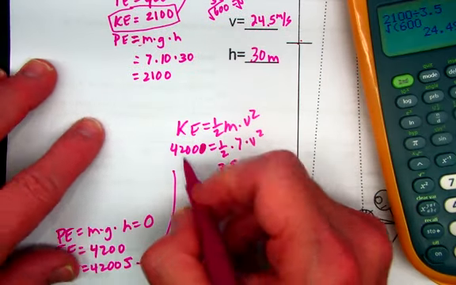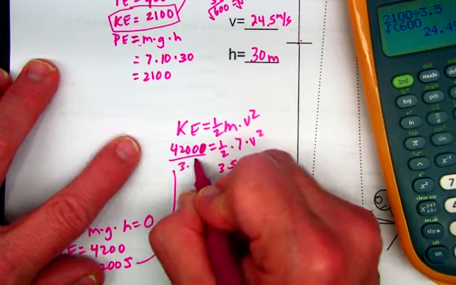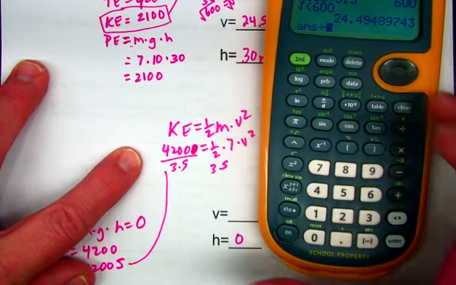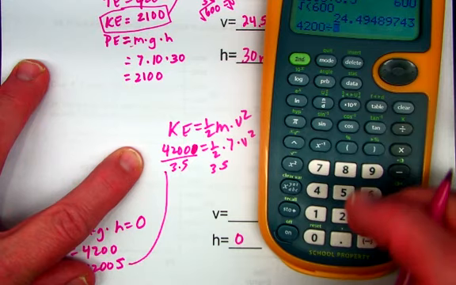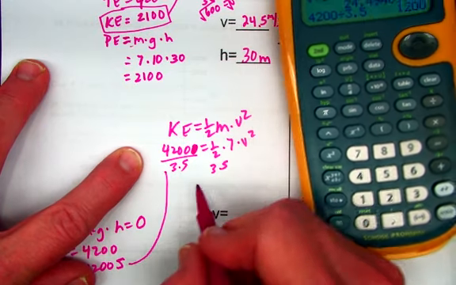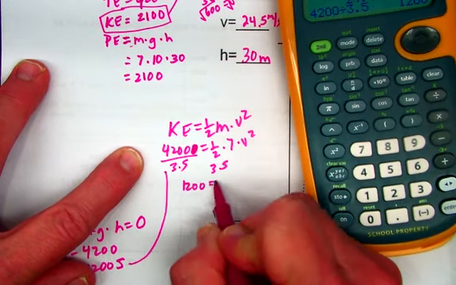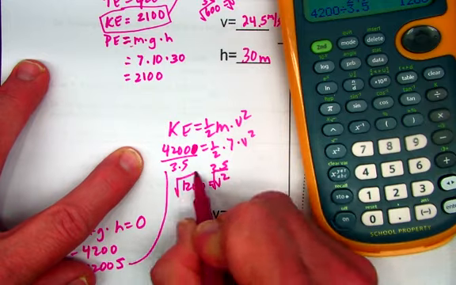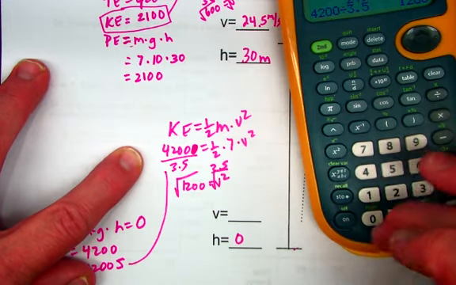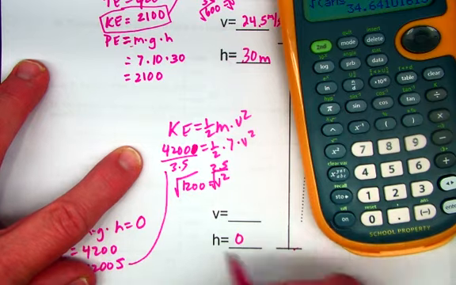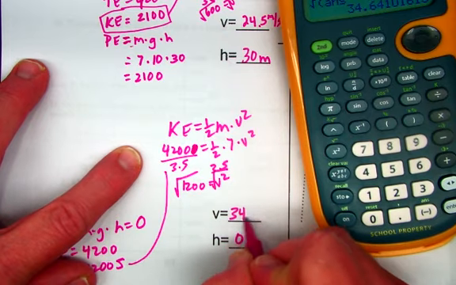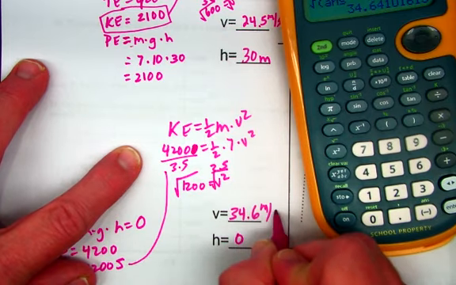So 4,200 divided by 3.5 equals 1,200 equals v squared. Just take the square root of both sides. So that would end up being 34.6. So my velocity turns out to be 34.6 meters per second.